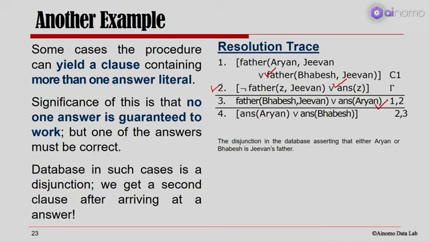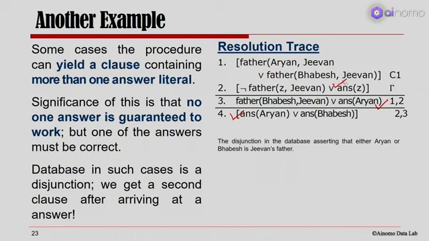But now, if you look at clause 3 and clause 2, you could see that you could resolve these clauses. Here is my complementary pair, father Bhavesh comma Jivan, not father Z comma Jivan. So, Bhavesh for Z, I can resolve this and then I would have an answer which would be Aryan or Bhavesh.